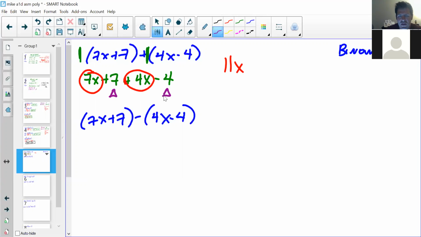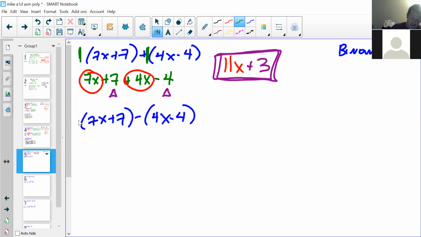I just like to label them somehow. I just use a triangle. 7 minus 4, if we're combining like terms, would be plus 3. There's no combining those. I can't add 11x plus 3. They're not like terms. That's as far as I can go with my simplification here. It's 11x plus 3.